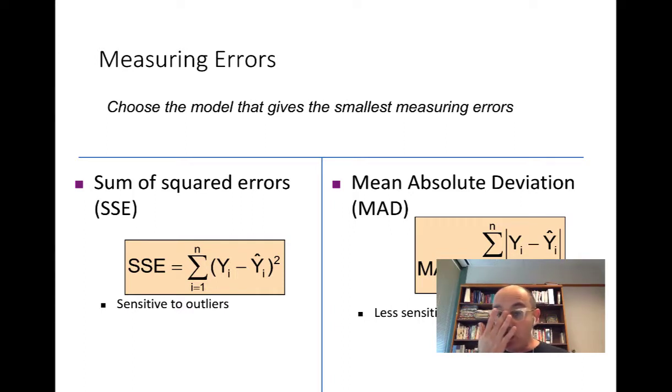And so what you need to make sure is that you are measuring error. The sum of squared errors is usually sensitive to outliers, and in comparison, the mean absolute deviation, or MAD, is less sensitive to extreme observations. So both ways, I will show you an example from the textbook, so you will be able to do that.